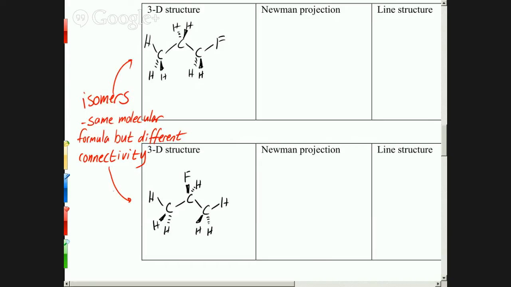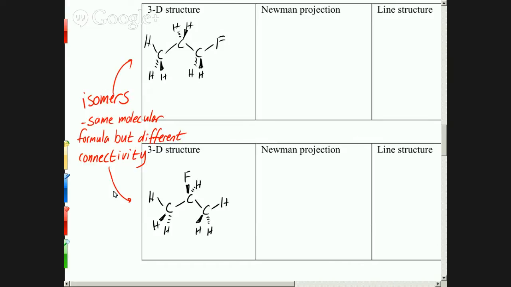So in these two structures, they're absolutely different structures. And when we get into some of these properties, we'll see that they'll have different boiling points, maybe different reactivity. They'll be totally different in behavior, but they have the same molecular formula. So the same number of carbon, hydrogen, and fluorine, but because they're connected in different ways, we call those isomers.